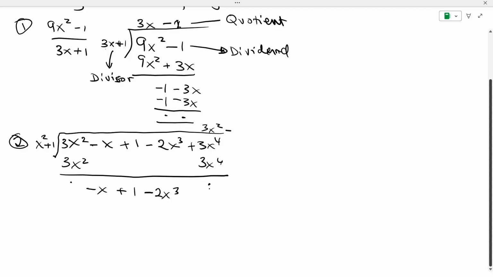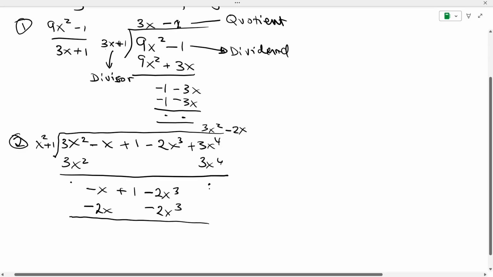And that one would be minus 2x. Because minus 2x times x squared will give us minus 2x cubed. And then when minus 2x is multiplied by 1, it will give us minus 2x.